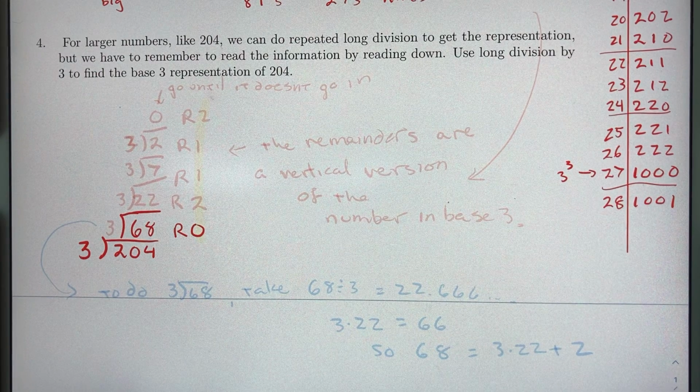What is 68 divided by 3? It's 22.6666, but what is 0.6666? That's 2/3. That's a remainder of 2.